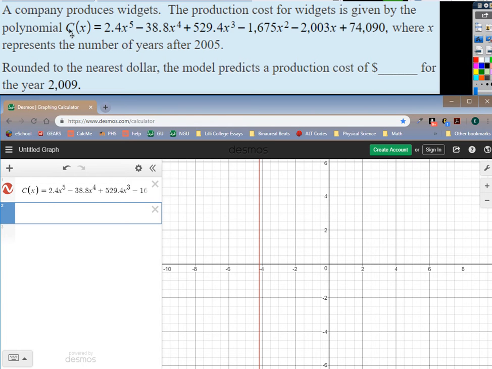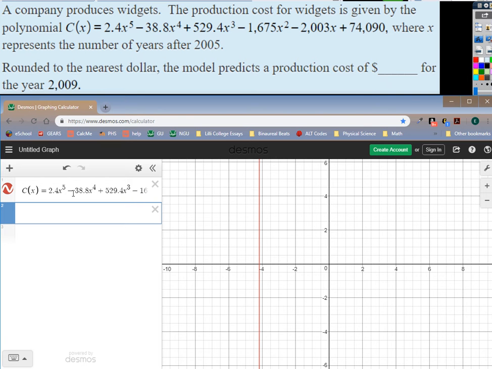So C, capital C, stands for production cost as a function of x, and they define x to represent the number of years after 2005, right? And here's the polynomial they give us. They want you to use that model. It says rounded to the nearest dollar, the model predicts a production cost of blank dollars for the year 2009.